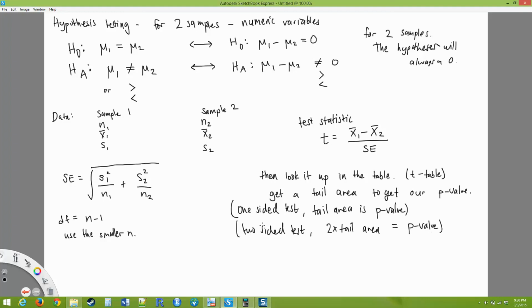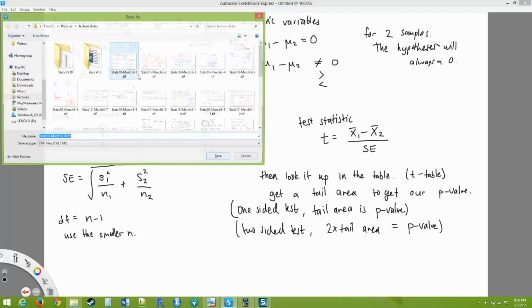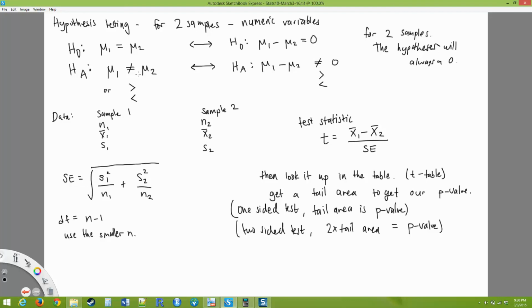Okay, and how do we know when we have a two-sided test? Not equal sign in the alternative hypothesis. See, you guys are making me so proud. All right. And then you take your p-value and compare that to alpha, and if it's smaller, you reject the null, and if it's bigger than alpha, you don't reject the null, right?